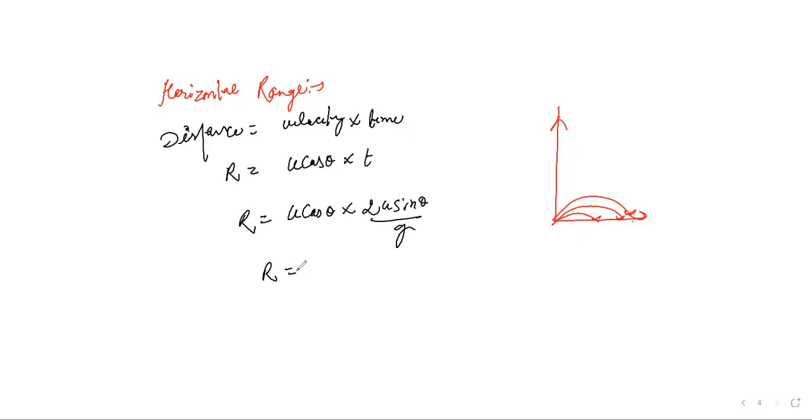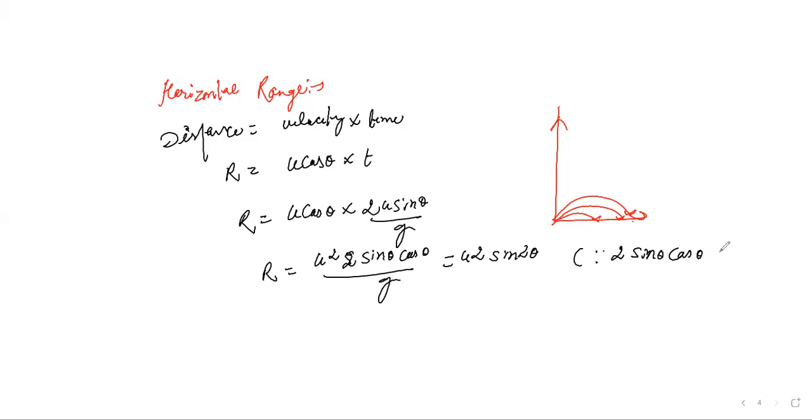Or we can write R equals u square 2 sine theta cos theta over g, or u square into sine 2 theta, because 2 sine theta cos theta equals sine 2 theta, over g. This is the range of the projectile.